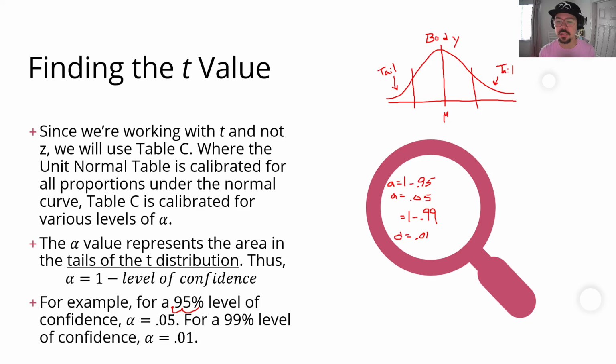And again, this is our alpha level. Just like the z-scores remain constant with 95% and 99% confidence intervals, so do the alpha levels. For 95% confidence, the alpha level is always 0.05. For 99% confidence, the alpha level is always 0.01.